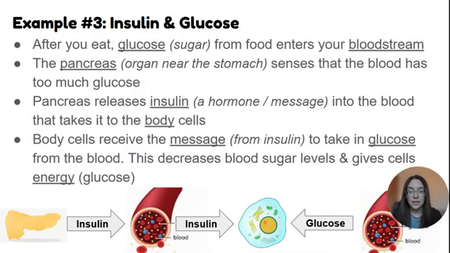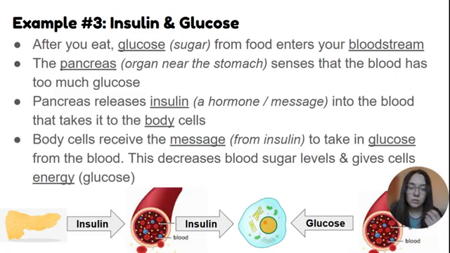Here is a third example, and that is insulin and glucose. So after you eat, if you eat something with carbohydrates like pasta and rice, or something sugary like pop or candy or fruit, all of those foods have sugar in them, and that sugar is broken down into what we call glucose.